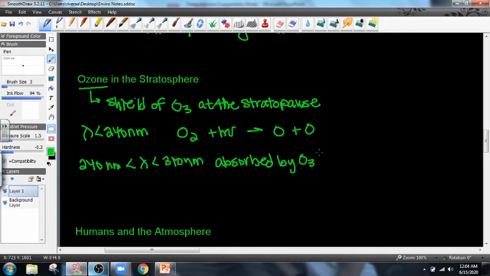Ozone can actually absorb those wavelengths of light. And so that is another protection against the radiation coming in from the atmosphere.